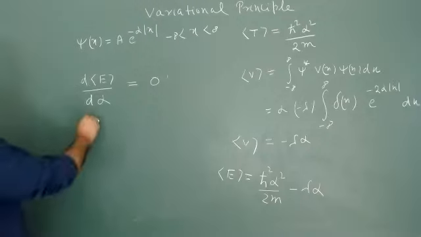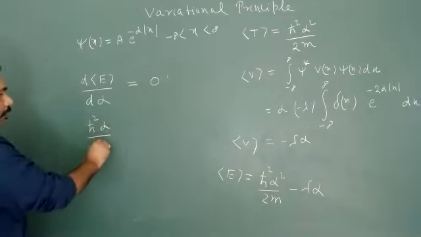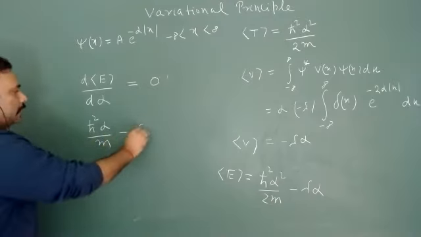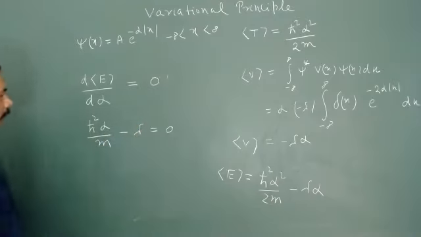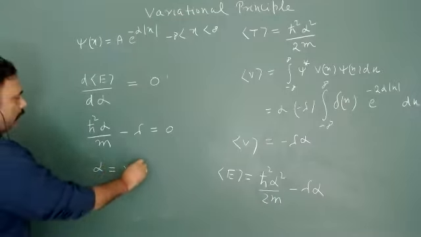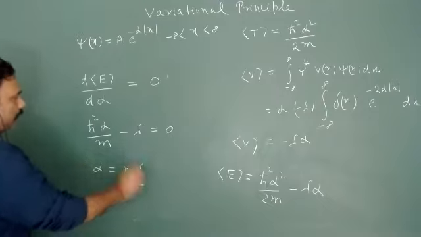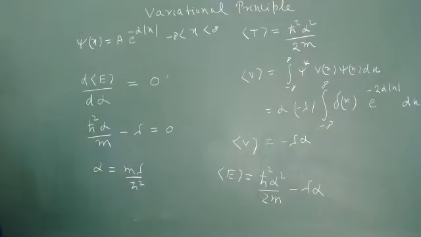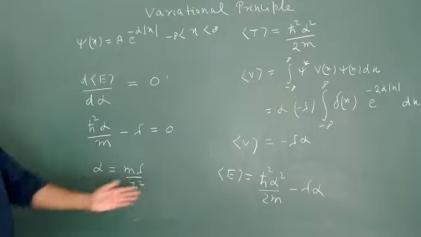Then we get h cut square alpha upon m minus lambda equal to 0. And what is the value of alpha here? So alpha is equal to m lambda upon h cut square.